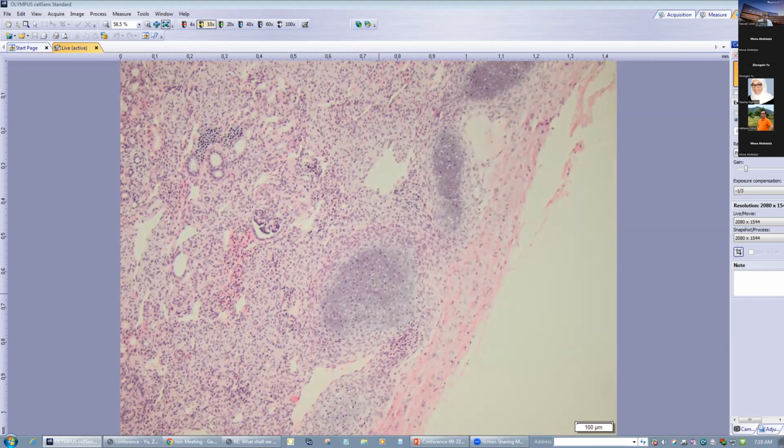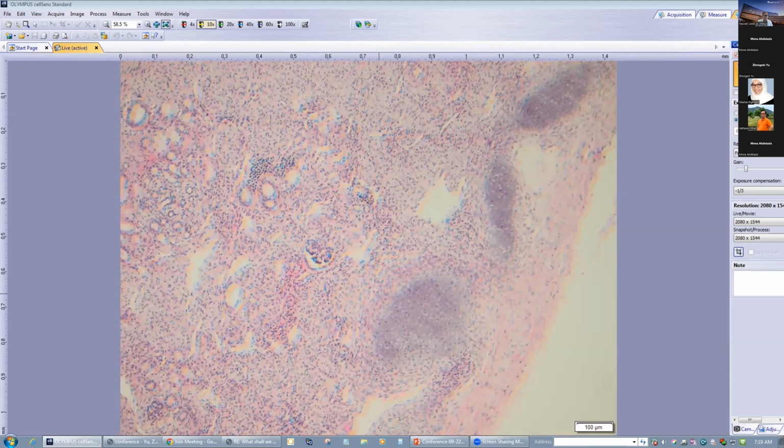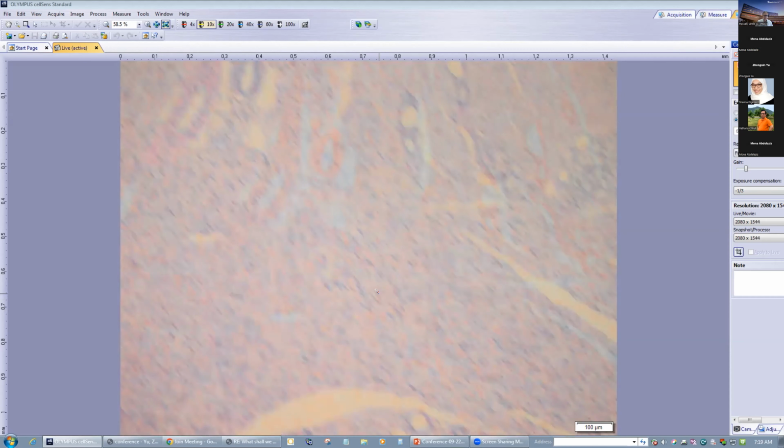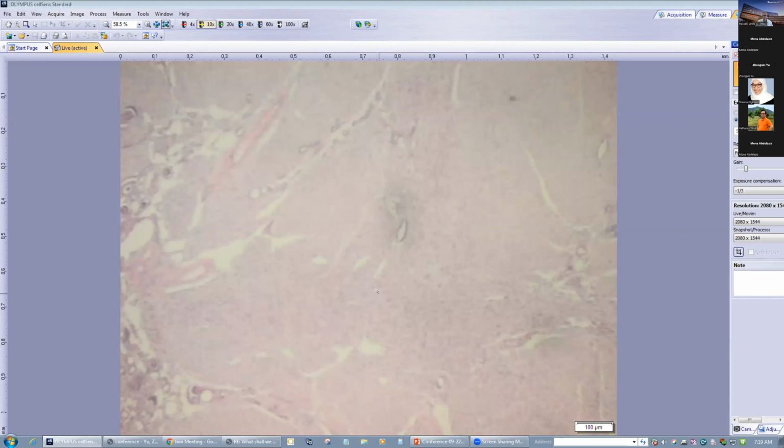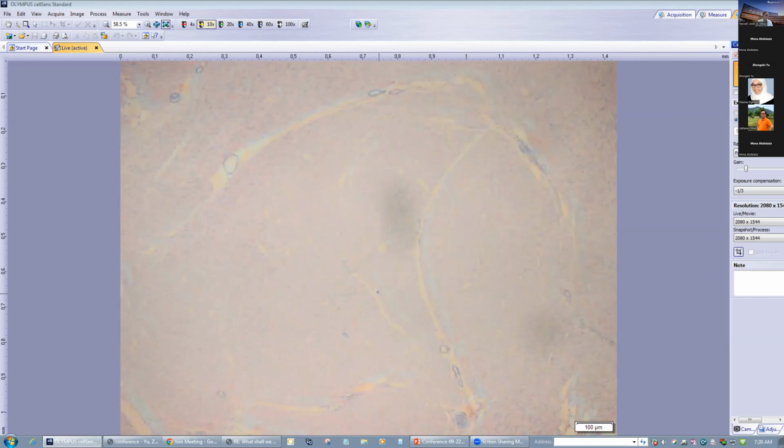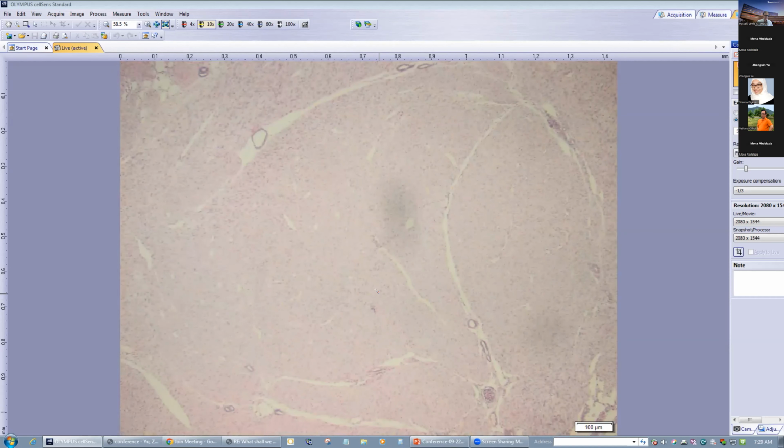Then we take a close look at the tumor. Move inside the tumor. I'm going to move slowly and just focus here. That's the main body of the tumor, kind of pale pink.